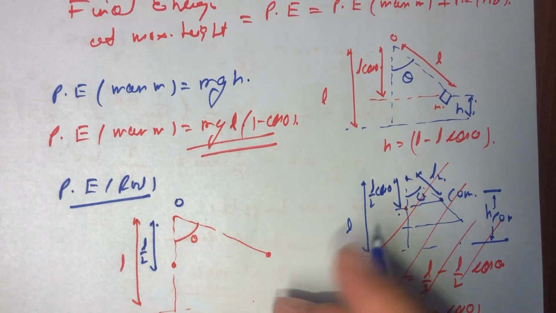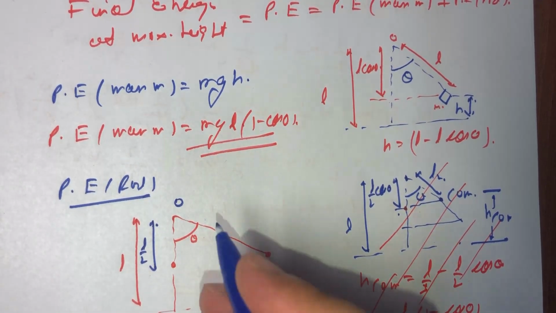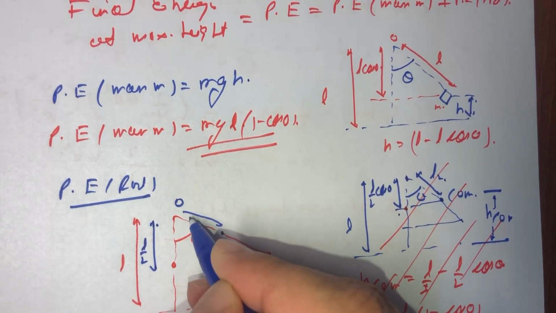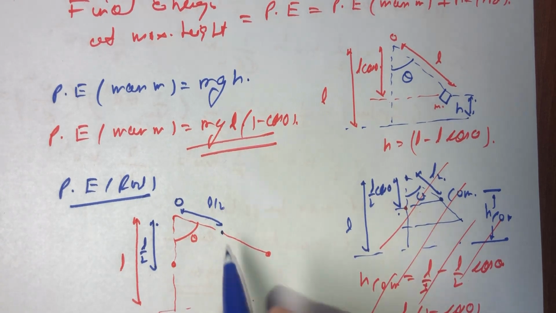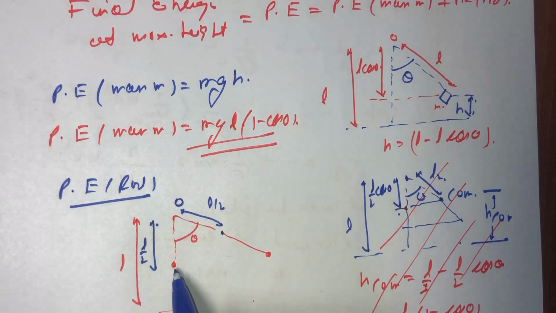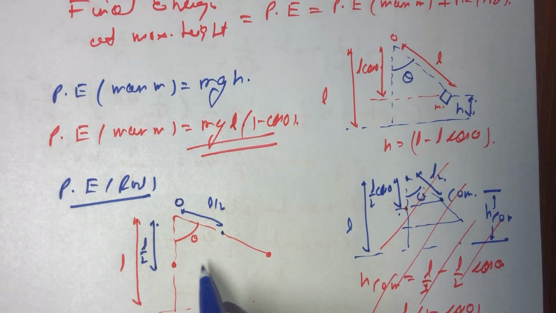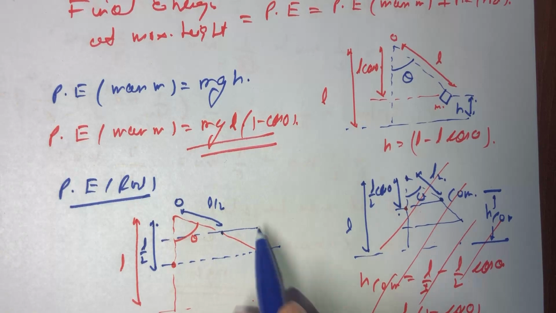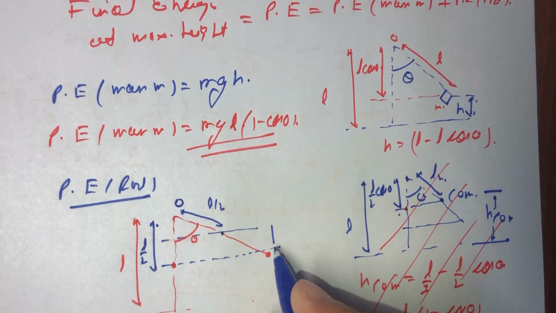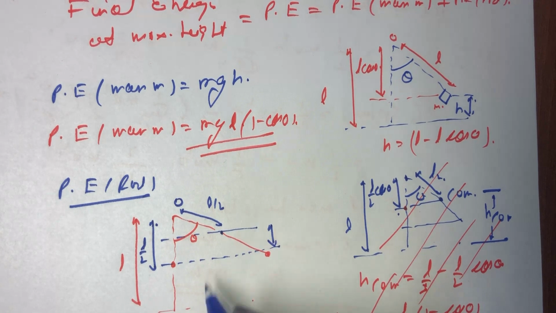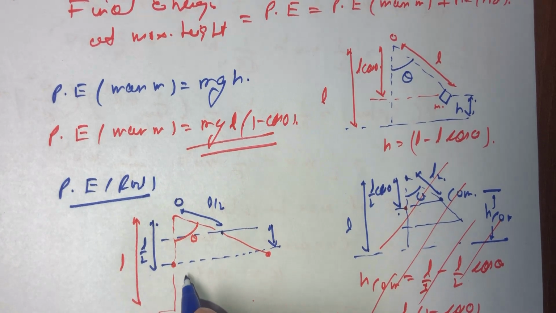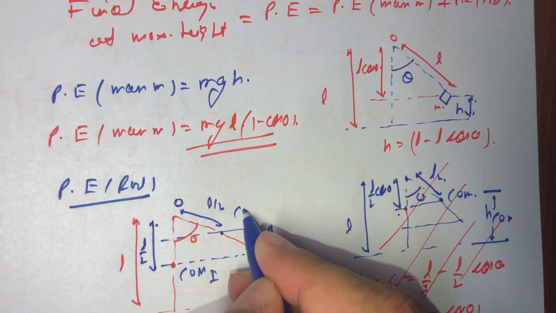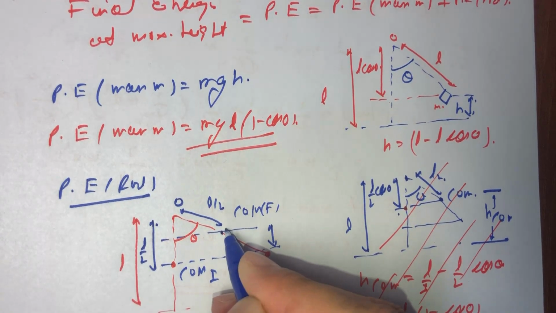Now, as it moves from the mean position to the final position, let us suppose the center of mass is now here, and this distance will also be L by 2. Now, the initial position of the center of mass is this one, and this is the final position. So we have to find by how much the center of mass has risen. You can say this is center of mass initial, and this is center of mass final.